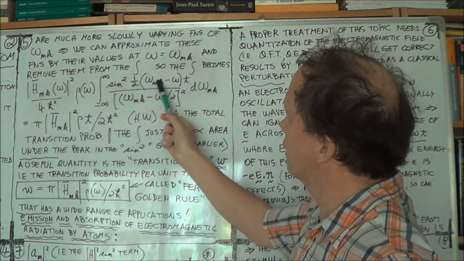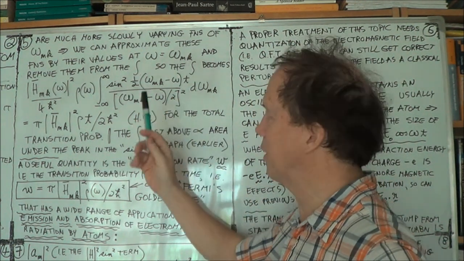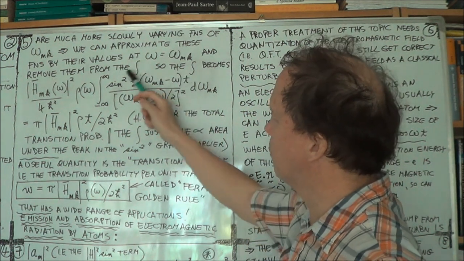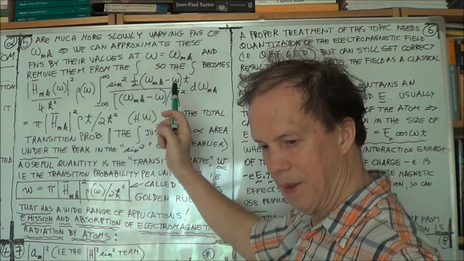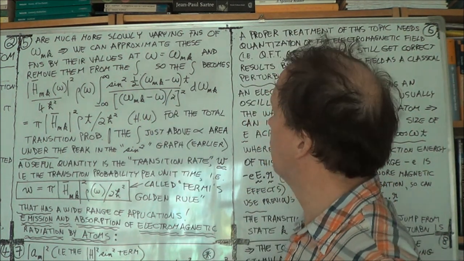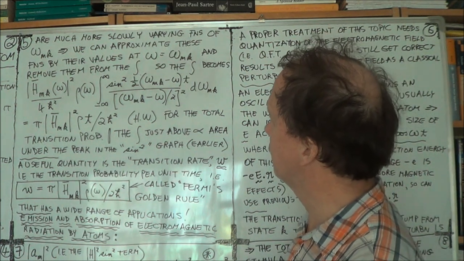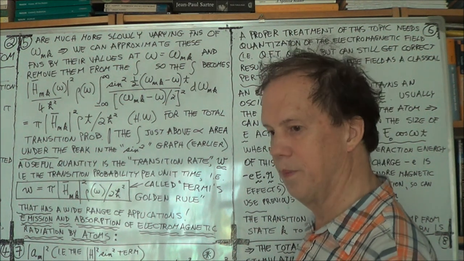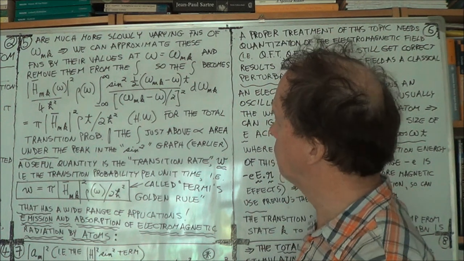When this is small, sine of x is just approximately x. We've done this before verbally in an earlier session. It was effectively just t squared over 4. So if you integrate t squared over 4, not so obvious.